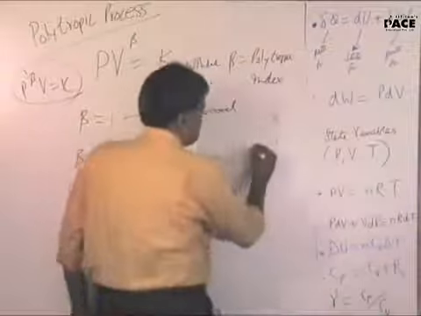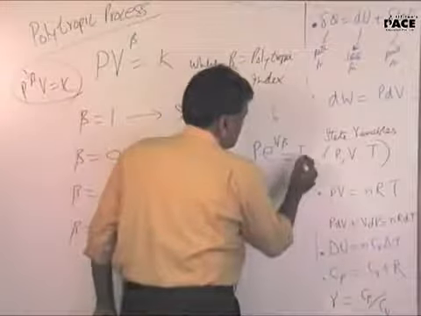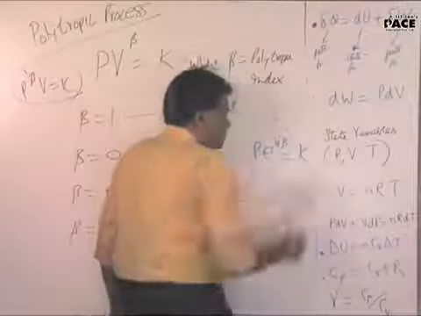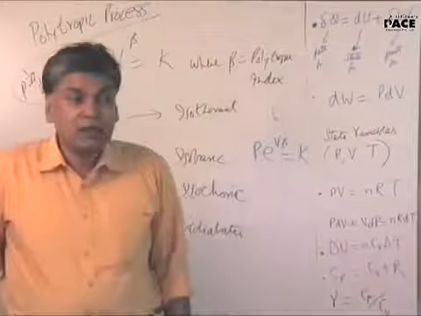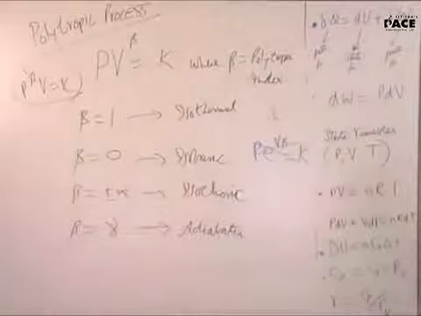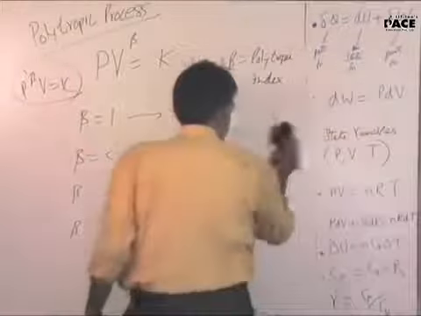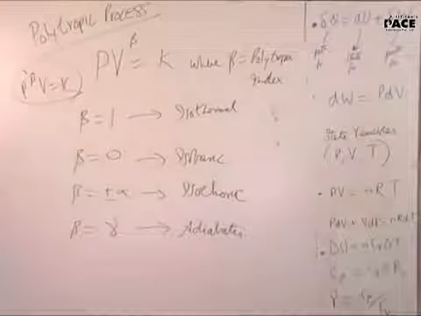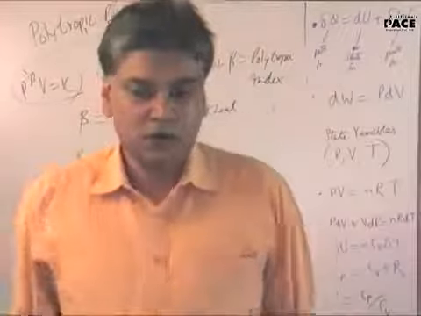For example, if you have something like P e^V to the power beta is a constant or some such thing, this is not polytropic. Definitely, it is in some other form. So I'm not saying all processes are polytropic, but there are many processes which are polytropic, which is what we're talking about now. Just like not all algebraic equations are polynomials, but polynomials cover a very wide ground.